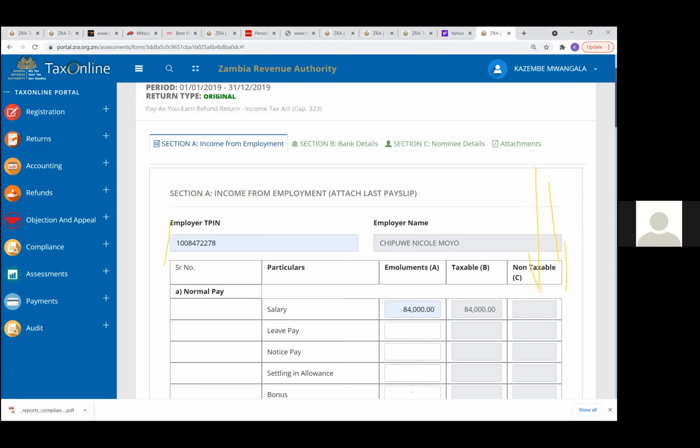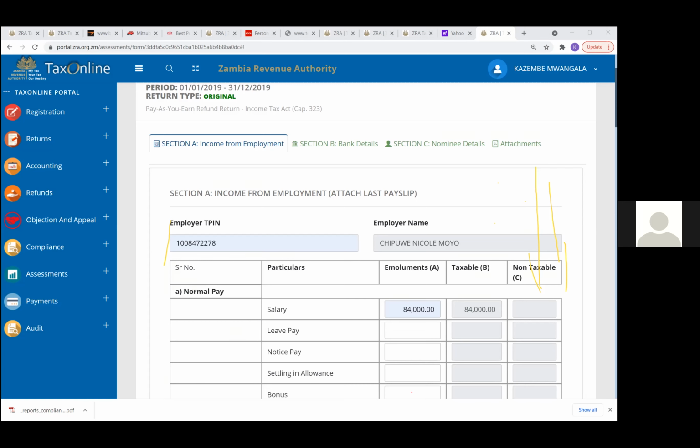So before we do that, I want us to go to an Excel sheet, so let's look through this Excel sheet together. Are you able to see my Excel, or are you still seeing the ZRA return? Not yet.